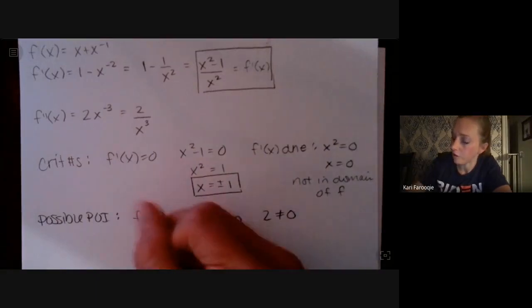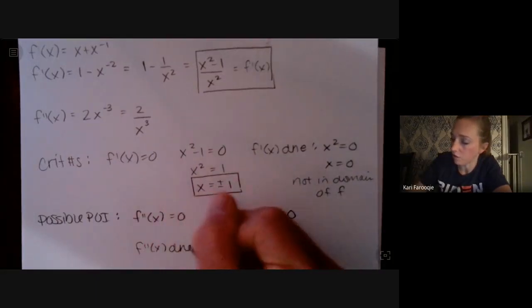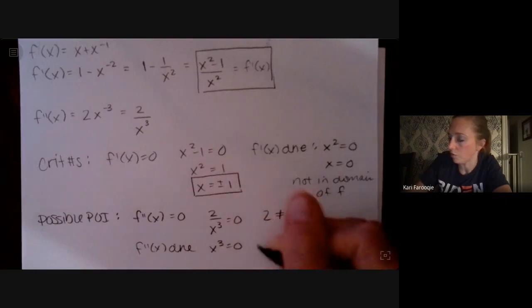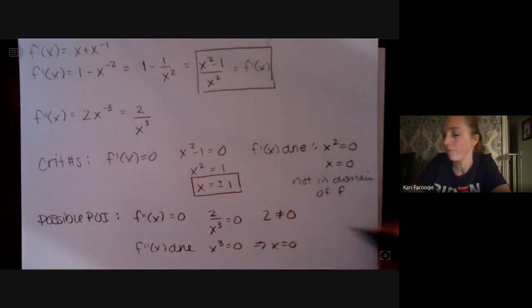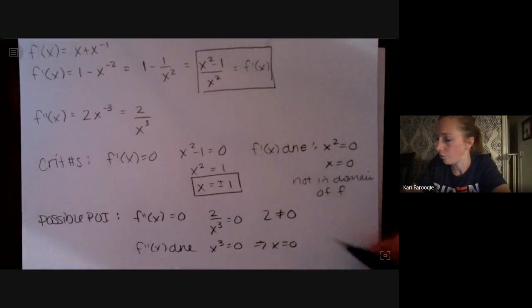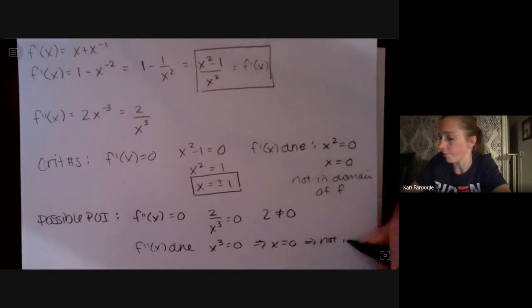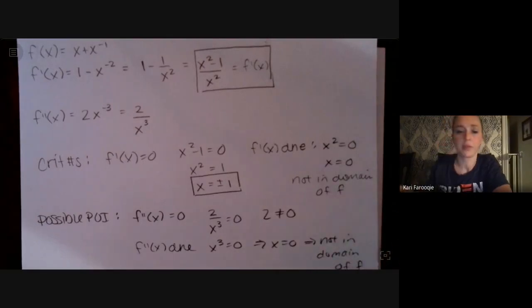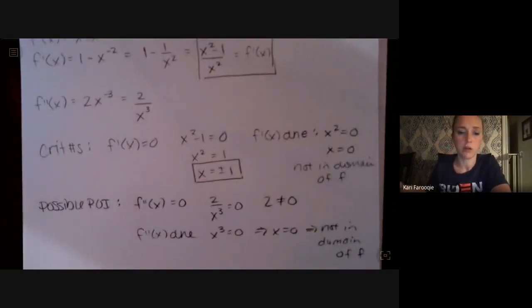And then as far as f double prime of x not existing, you would have to have x cubed equals 0, which means x equals 0. Also not in the domain of f. If it's not in the domain of f, it can't be a possible point of inflection. How could it be a point of inflection if it's an asymptote? So you actually have no possible points of inflection.